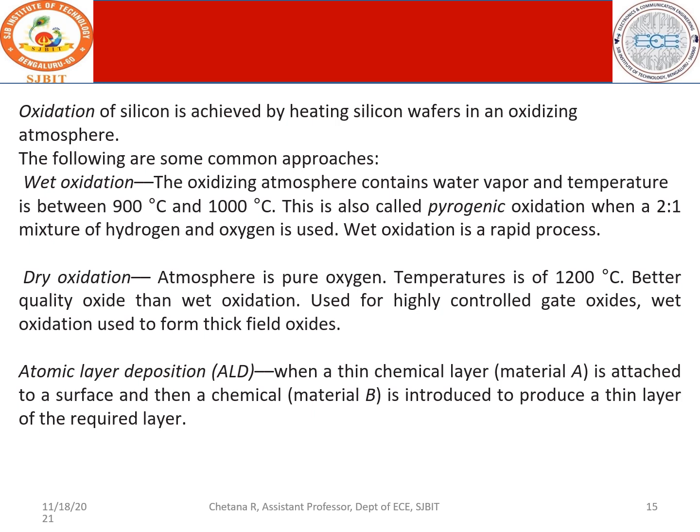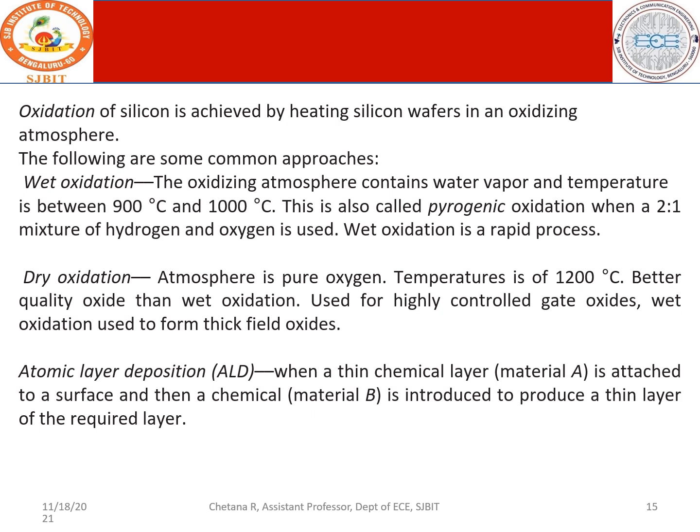So dry oxidation is used for highly controlled gate oxides, and wet oxidation is used for thick field oxides. Thick field oxide means thick oxide. Where is it used? Where you give your voltages, that is to the source and the drain. Whereas for your gate we use thin oxide, which is obtained by dry oxidation.